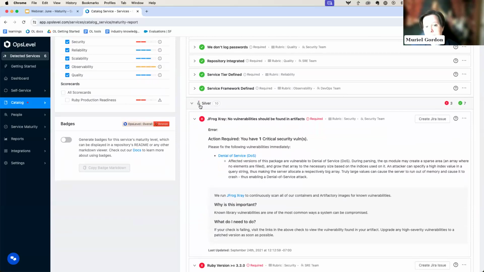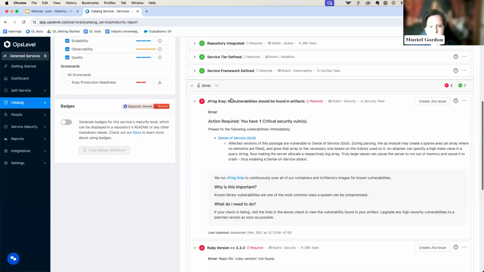And you will notice we are not passing this one. So as the person who's responsible for fixing this, I can see I have action required. It's this type of issue. And I even have some information here about how I might go about fixing that issue to make sure that we're going to pass this check and our service is able to handle these types of issues.